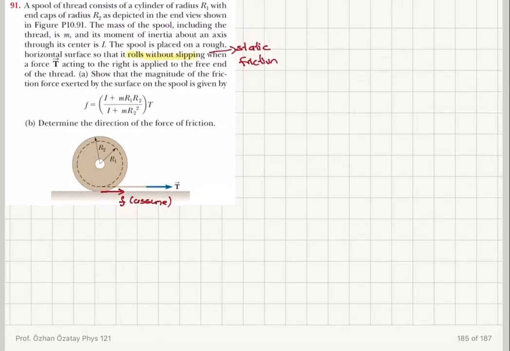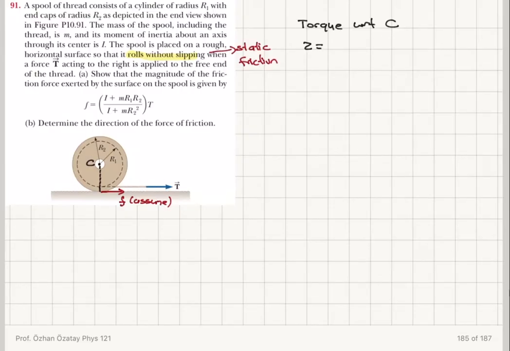Now I want to find the value of the force of friction. So I can basically write a torque equation with respect to the center of mass location, the center point C.